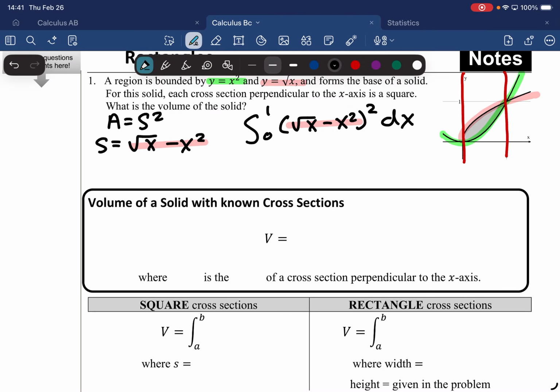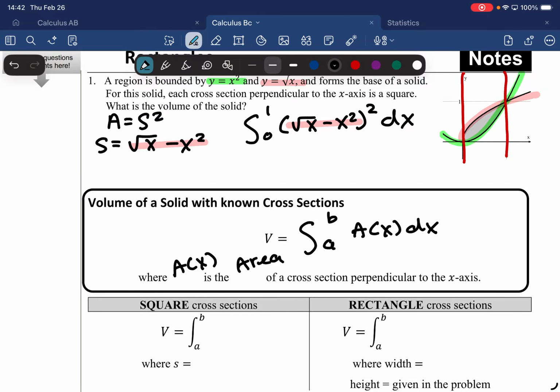So the volume of a solid with a known cross-section is going to be the integration from a to b of A of x dx, where A of x is the area of a cross-section perpendicular to the x-axis. Okay, so for these ones, we just have to know how to find the area of squares and rectangles.